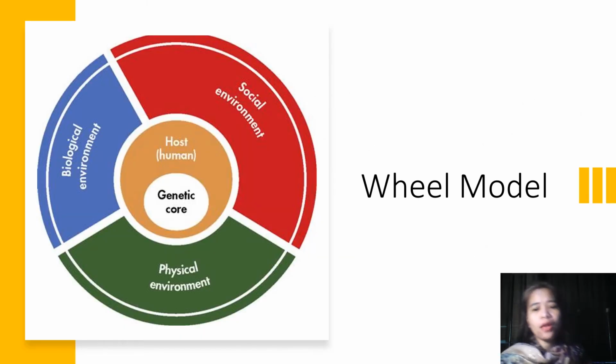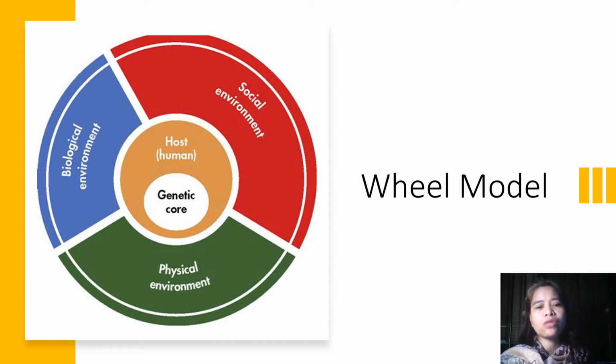And another model is the wheel model. This model represents the host, or the human, as the focus who has the genetic makeup as its core. And it is surrounded by four environmental elements. The relative size of the wheel components varies from one disease to the other.